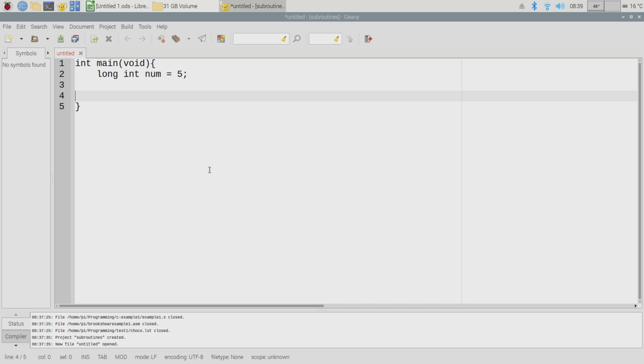Okay, so how would I write a subroutine that would square a given number? What would the routine be? First off, what type of data is it going to take in and output? If it's going to take in a number, square it, and spit it out, it's going to take in a long int.